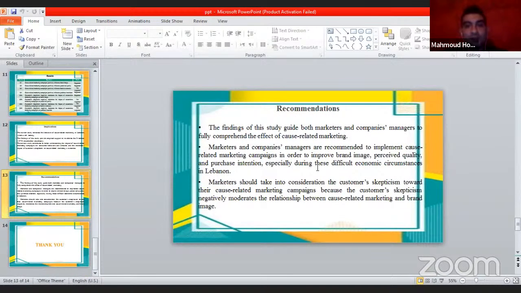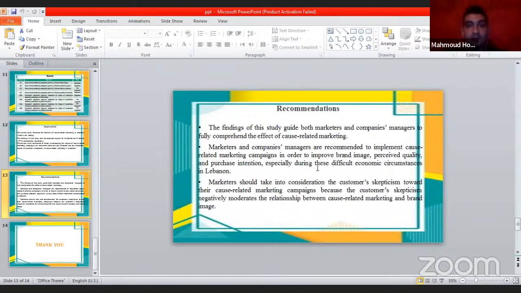As a recommendation and practical application, the findings of the study guide both marketers and company managers to fully comprehend the effects of cause-related marketing. Marketers and company managers are recommended to implement cause-related marketing campaigns in order to improve brand image, perceived quality, and purchase intention, especially during these difficult economic and political situations currently existing in Lebanon.